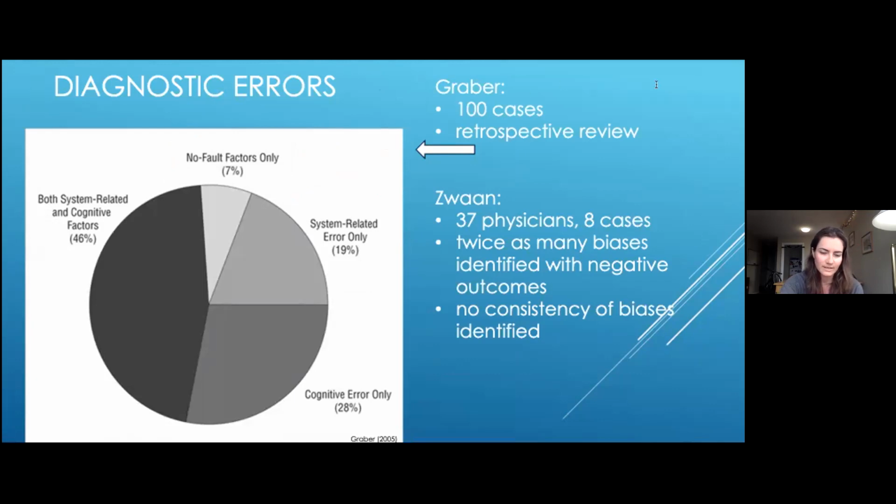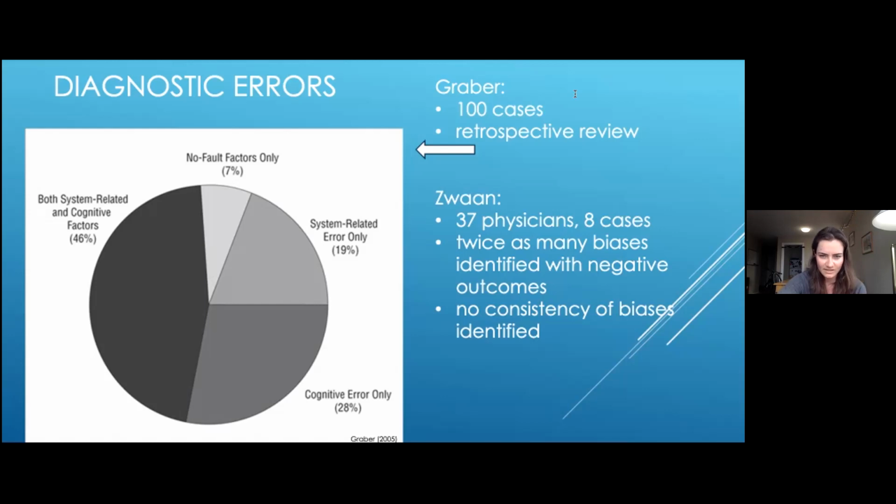Some of them were identified at time of autopsy, matching autopsy to diagnoses that had been listed and finding discrepancies there. Others were identified by physicians who felt that they had missed something. But basically these were 100 cases where the diagnosis was either delayed or had never correctly been landed on.